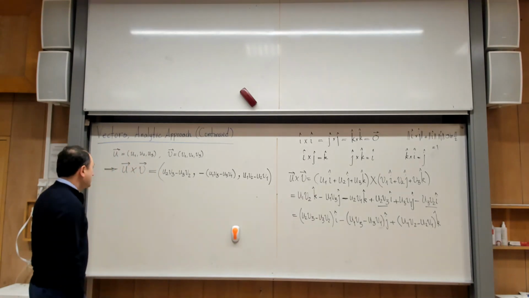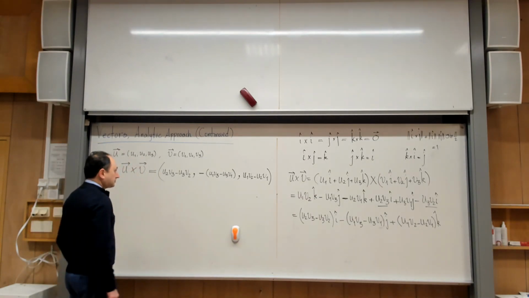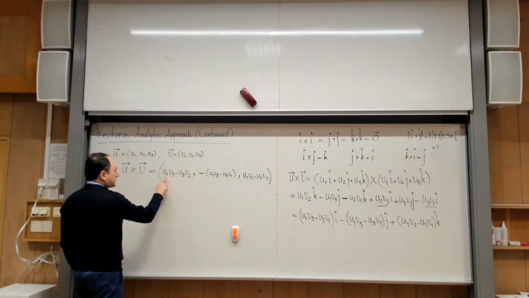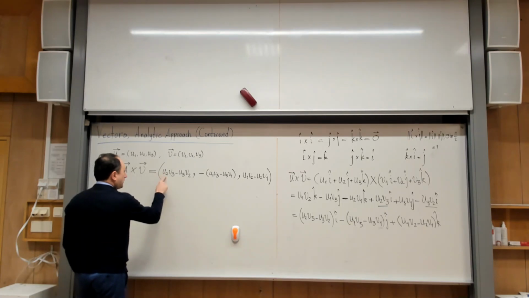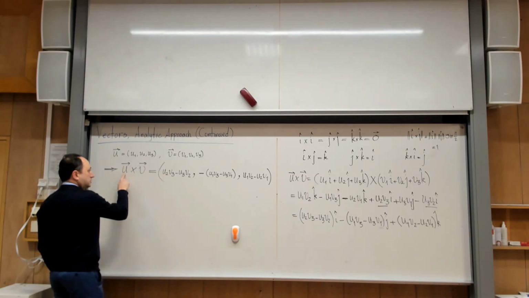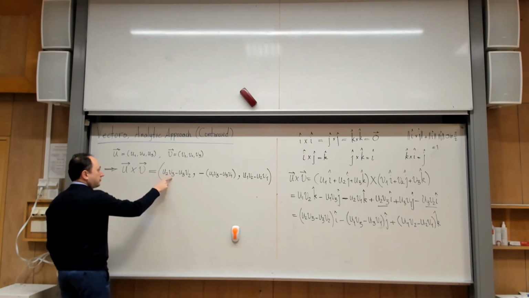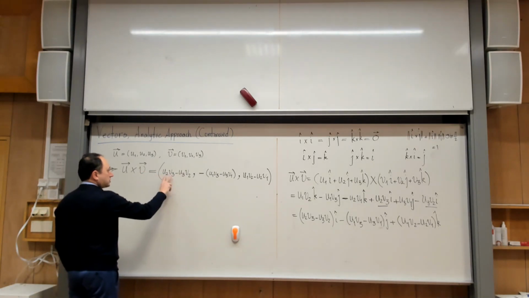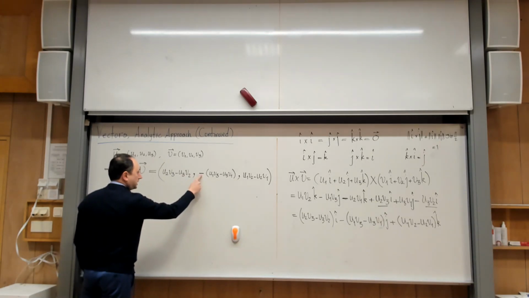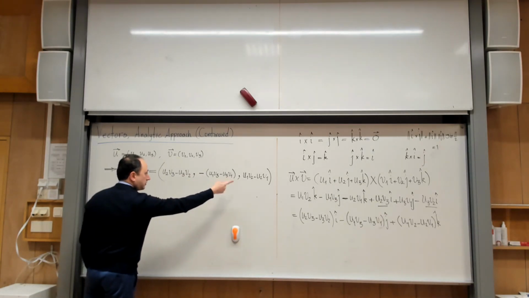The point is that 1 is absent, so the indices left are 2 and 3. I always start with the one with lower index. I put the lower index for the first one first. So it becomes U2 V3, and then I change the order of indices. That is the reason I pulled the negative sign out, so that I can follow the same rule.